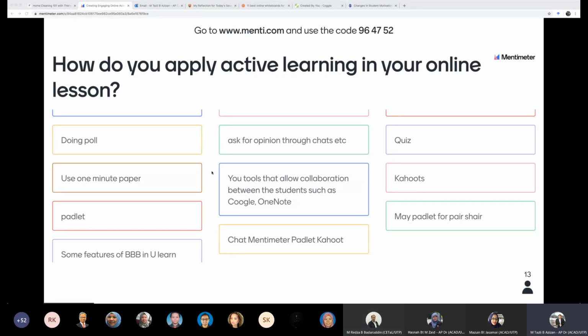Maybe you need to change the setting so that we could chat or not. Because in other meetings that I have joined before, we don't have to join the group. I think we can chat, but in this session we cannot chat.